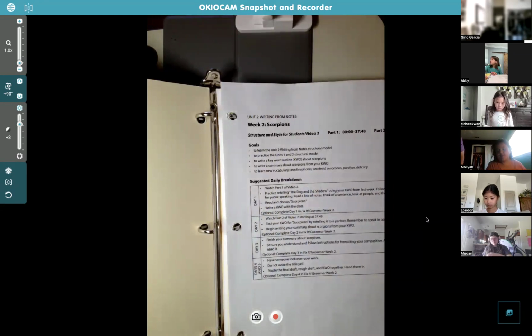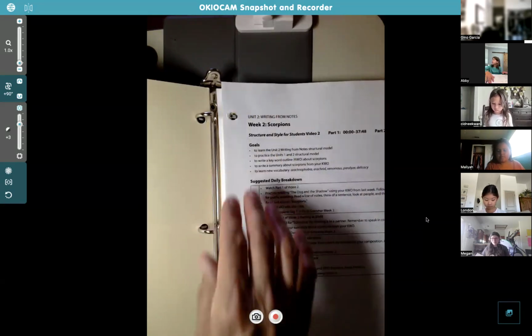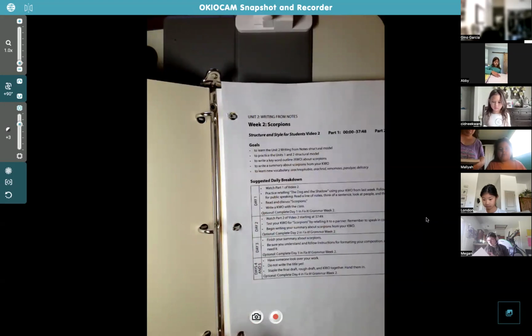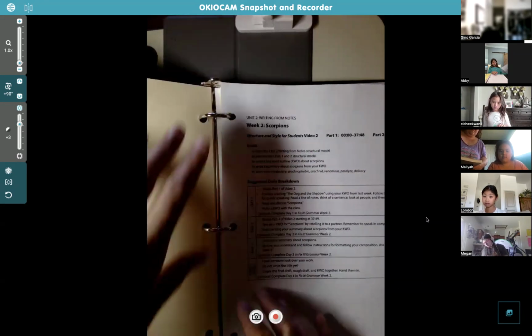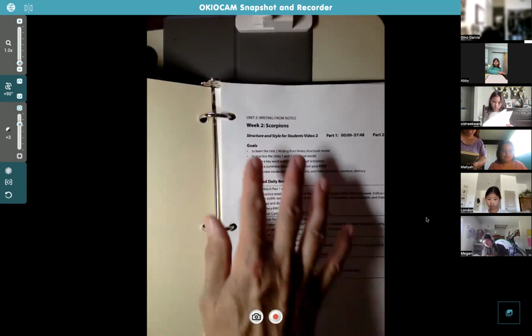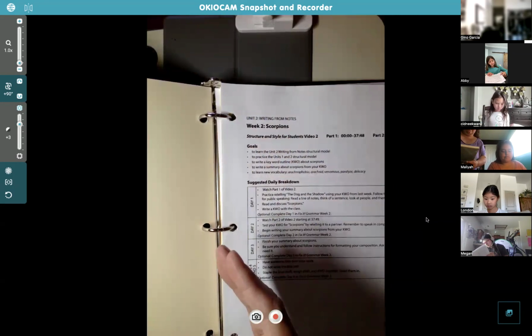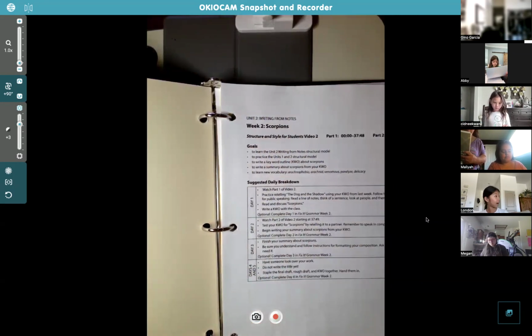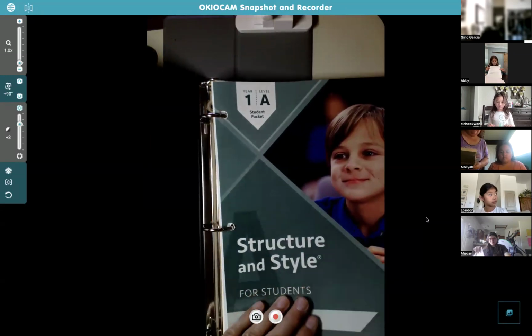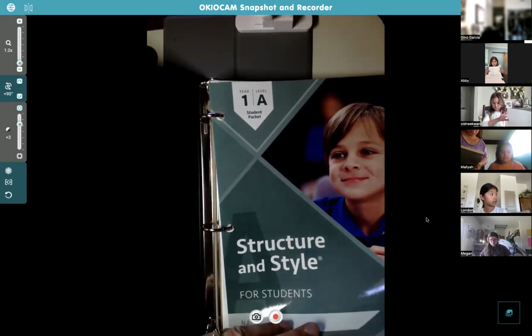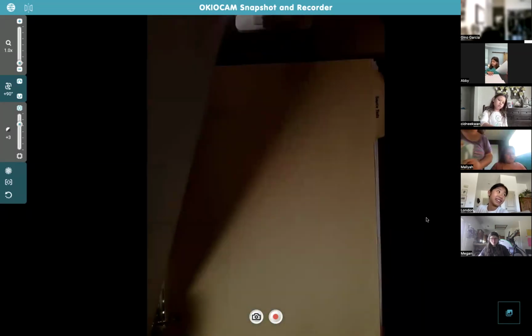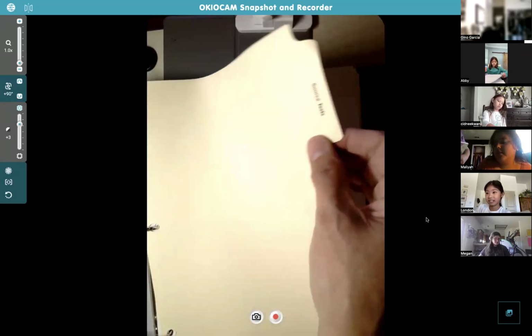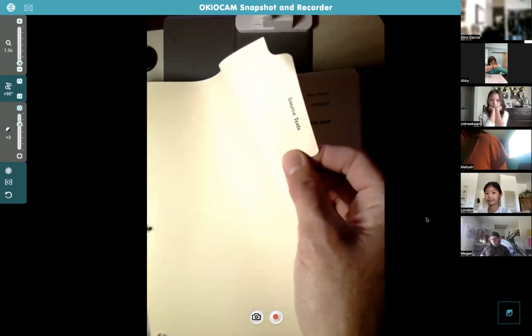So Melinda, I was trying to help her organize her binder, but I didn't want her to drop anything. By the way, the rest of the class, after you take out week 1, close those rings up, okay? Make sure you close the rings back. So Melinda, we had this page through page 8 in the front, and then the source text tab goes next.